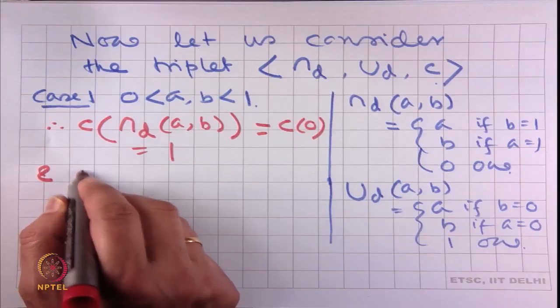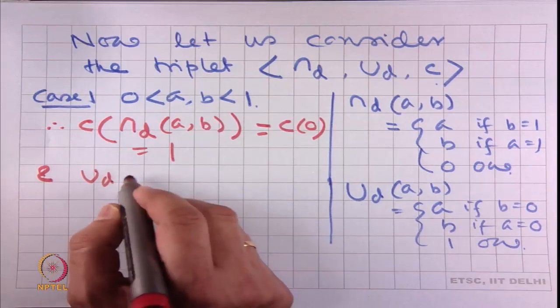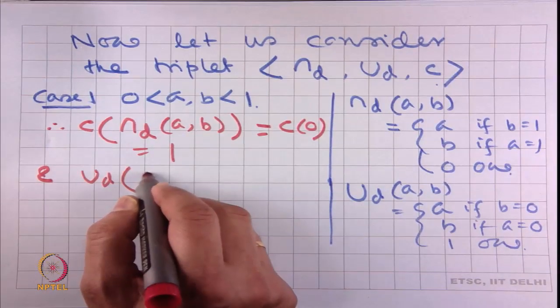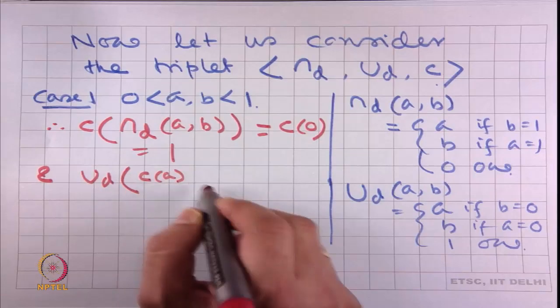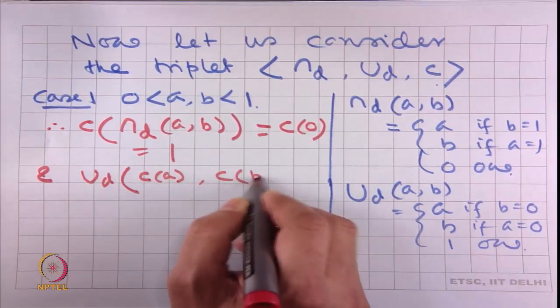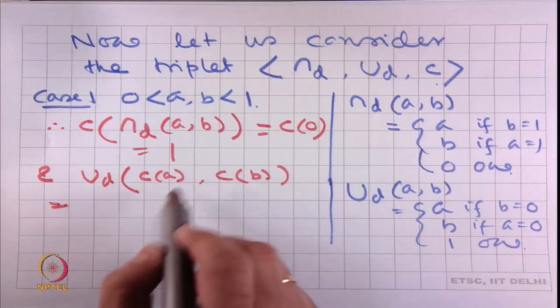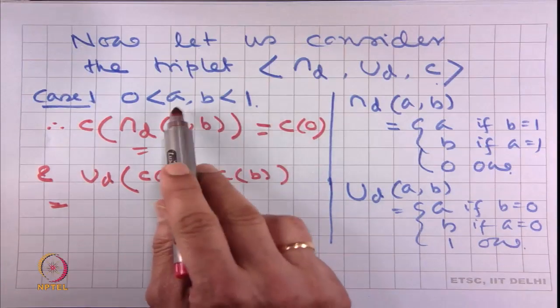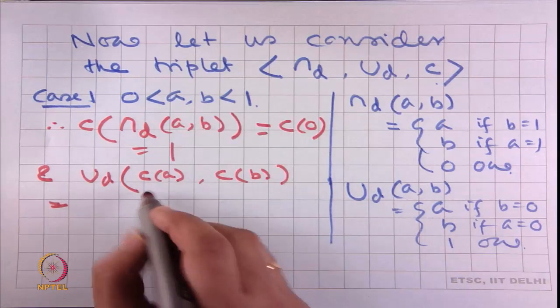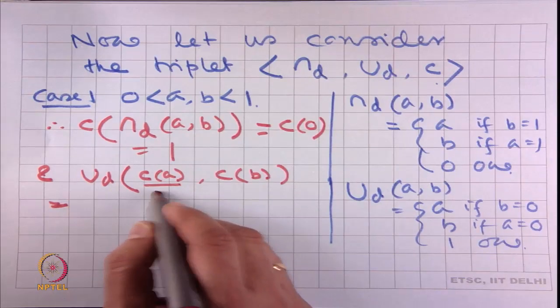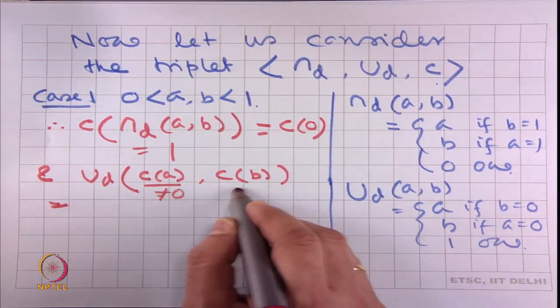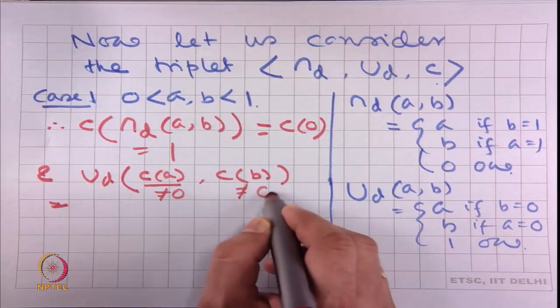And drastic union of C of A and C of B is equal to, since neither of A and B is 1 or 0, this is not equal to 0, this is not equal to 0.